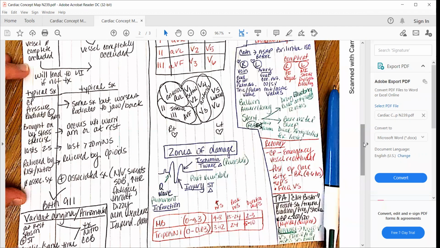Okay. And then I'm looking at the slide for the acute cardiovascular. It says classification of acute coronary syndrome. And STEMI, non-ST elevation myocardial infarction, can have ST depression.